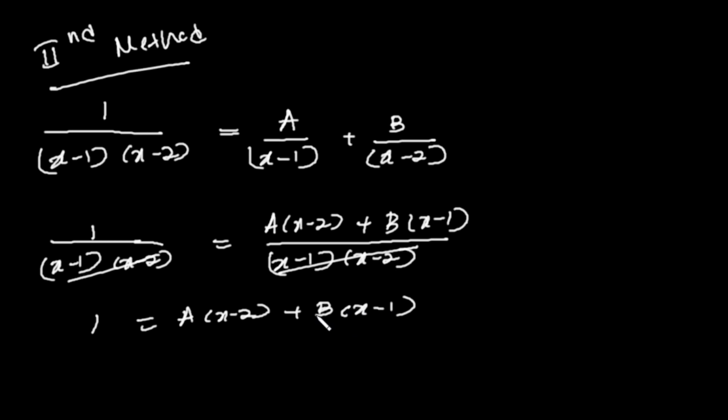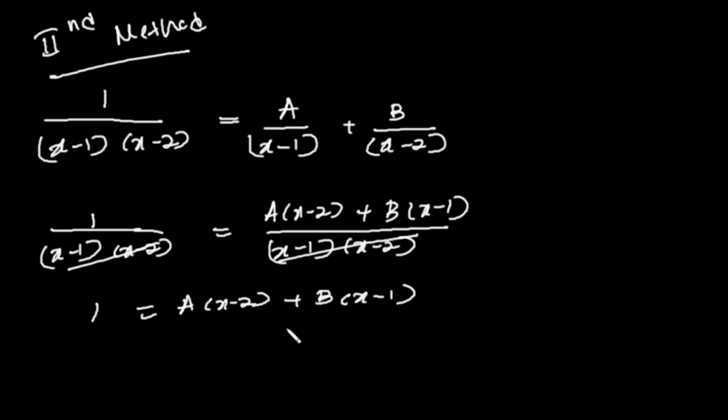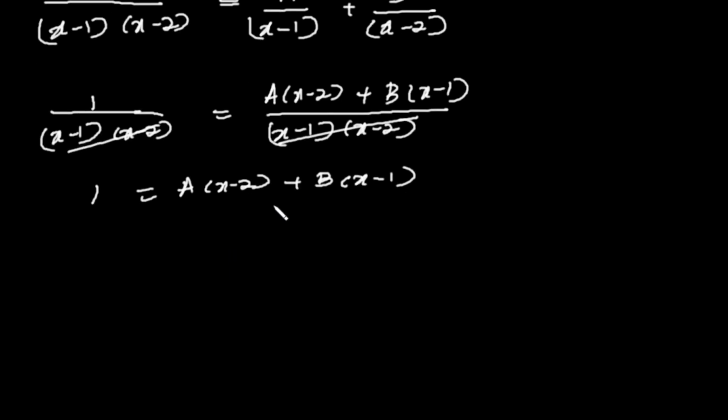Before, we substituted some values for x so we could find the values of a and b. But with this method, you don't need to substitute values for x. We use another method. We can solve this equation a little bit more.